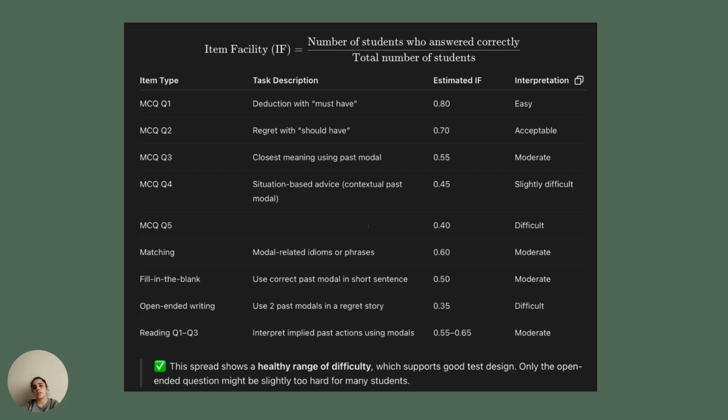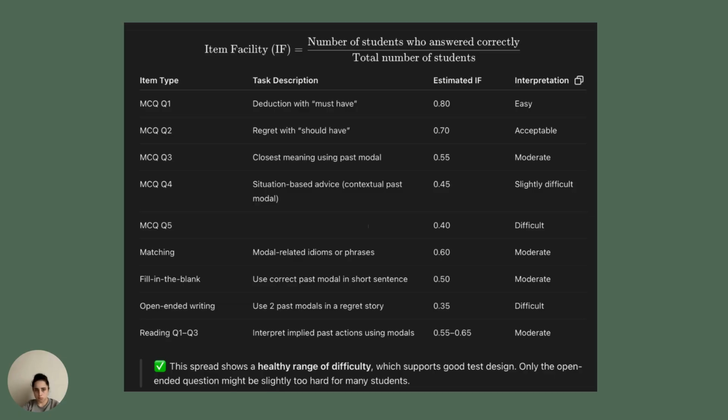Okay, I started with the easy question. My main aim was to motivate them. If I was starting with the difficult or challenging one, it would demoralize them. That's why I started with the easy one.